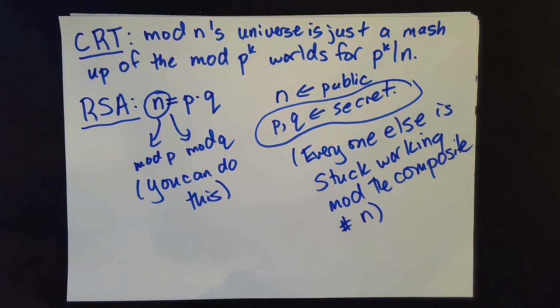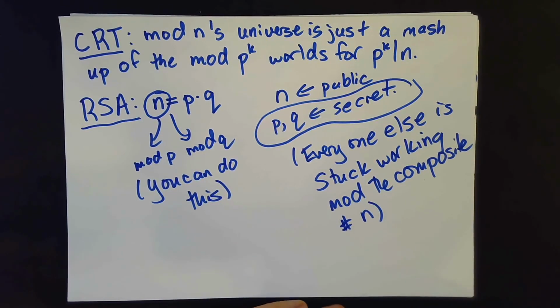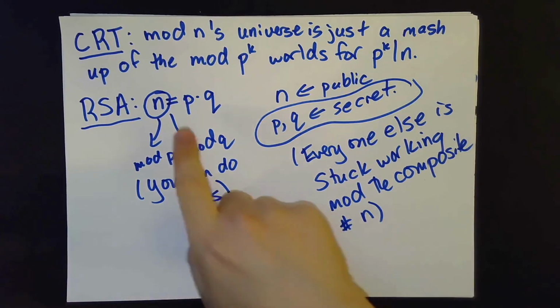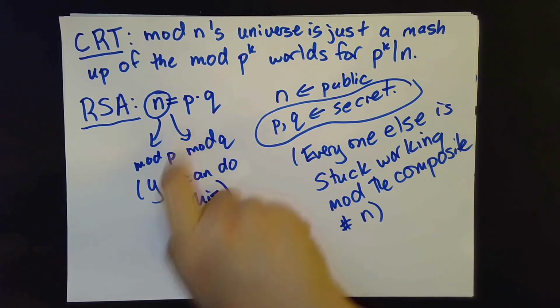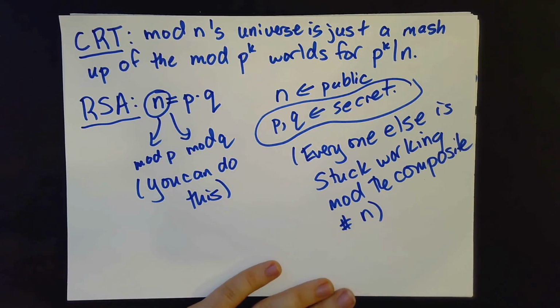And so why is it that you're able ultimately to decrypt messages and everyone else isn't? It's because of the additional leverage you get by the fact that you get to work mod primes and no one else does. So how much nicer is working mod a prime than working mod a composite? It's enough nicer that the additional computational power you get by being able to work modulo primes is enough to protect your information from those who are forced to work modulo composite numbers.